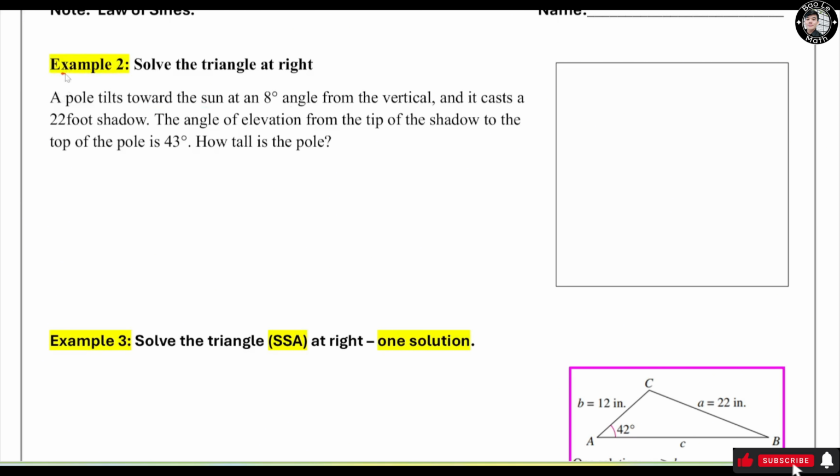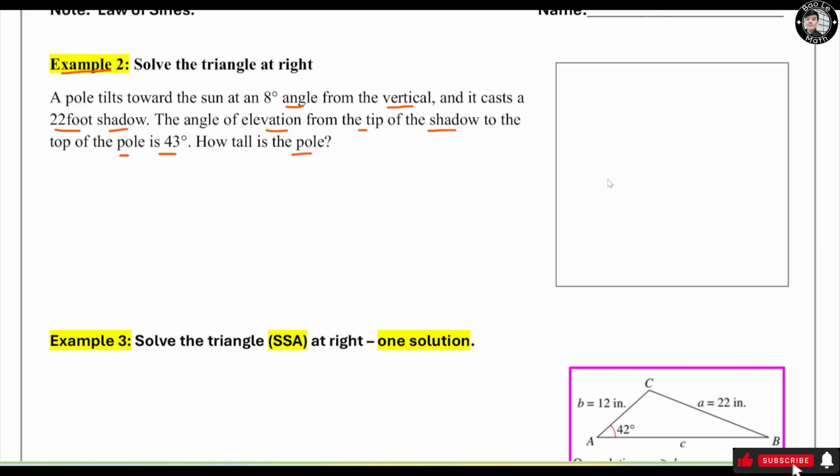Now let's move on to example number 2. A pole tilts toward the sun at an 8 degree angle from the vertical, and it casts a 22-foot shadow. The angle of elevation from the tip of the shadow to the top of the pole is 43 degrees. How tall is the pole?